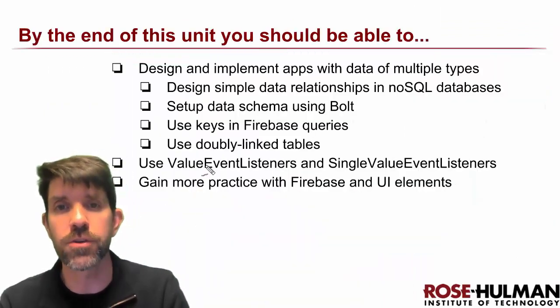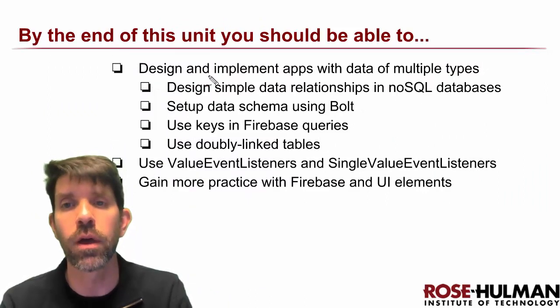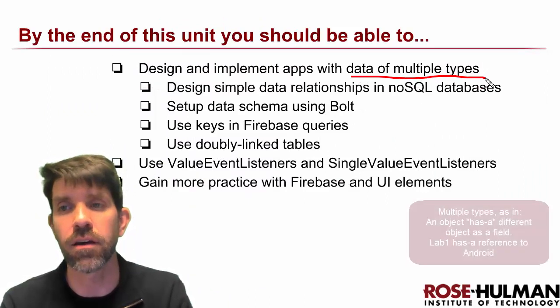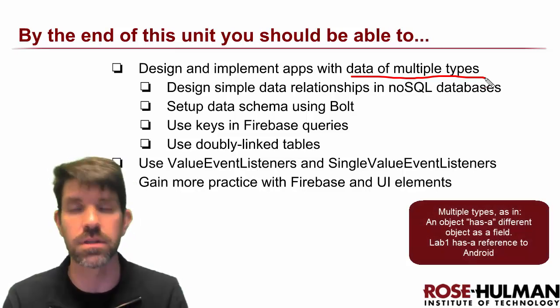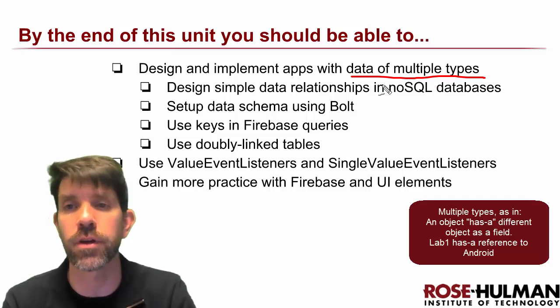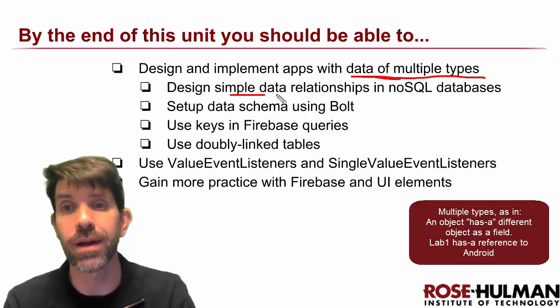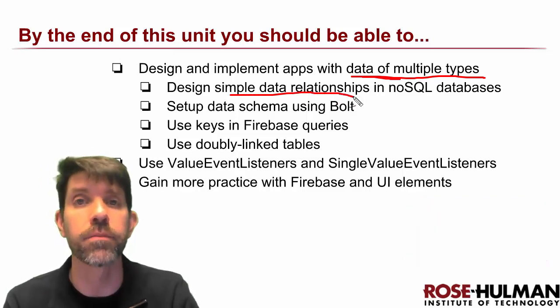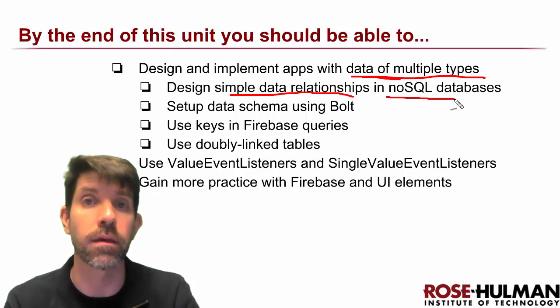First thing is that I'm looking to give you a lot of the starting code for this. This is all dealing with data of multiple types. You can imagine the complexity in keeping track of students and assignments and courses and all this stuff. So how do we deal with that? We're going to start by defining relationships between data in NoSQL databases like Firebase.